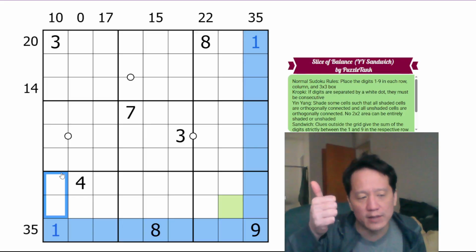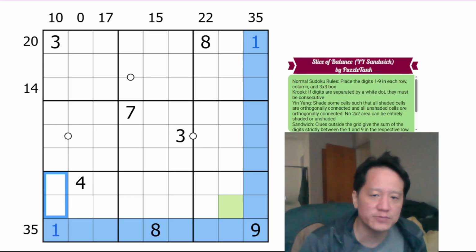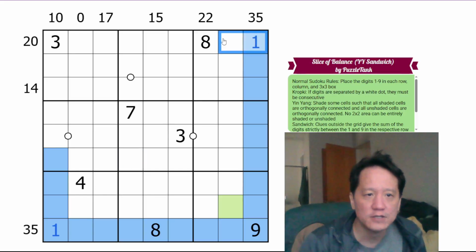Because at maximum for a single digit, it's 8. So this has to be 2 shaded plus the 9 at least. So these are all shaded. Same with these. These must be 3 cells because 7 and 8 at most add up to 15. So 3 cells and then a 9. So this is unshaded here. This is unshaded here.